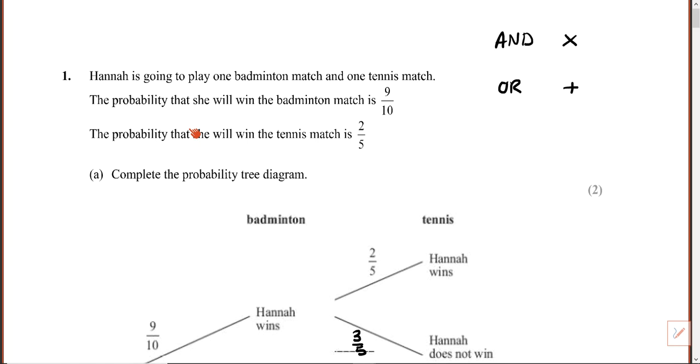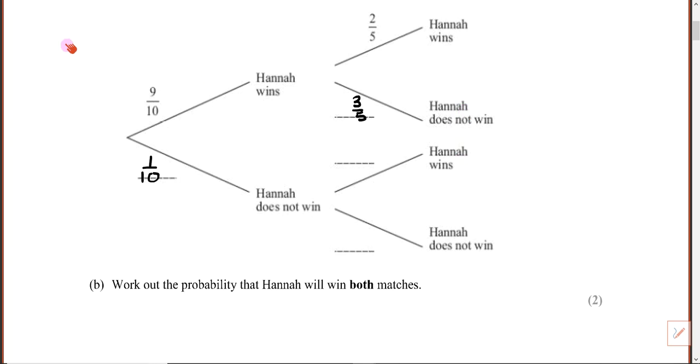Maybe she loses confidence, maybe the person that beats her in badminton is definitely going to beat her at tennis, or, you know, they would not be independent events, it would become a dependent probability. But in this case, it seems completely independent of each other. So actually, we've got Hannah wins again is 2/5, does not win is still 3/5.